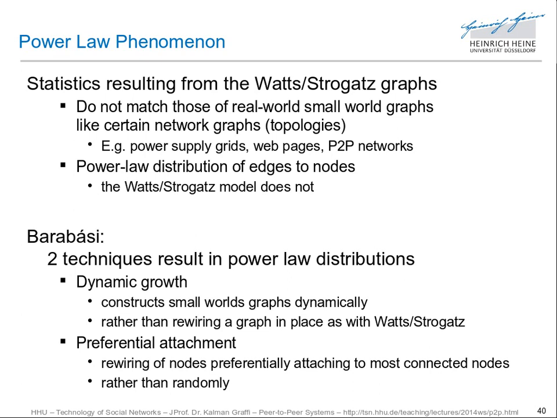To support the dynamic growth, we construct the small world graphs dynamically, so nodes can join this graph, and we do not rewire the graph as the Watts-Strogatz process does.